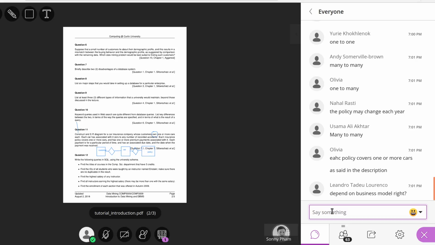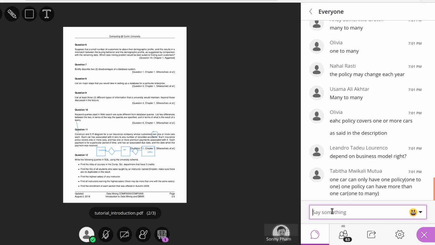Leandro, I think you mentioned something very interesting. Actually, for one car, you can buy different policies, right? There's nothing to stop you doing that. Someone might have a particular policy for this car, but could have another policy for another car, depending on what kind of policy it is.